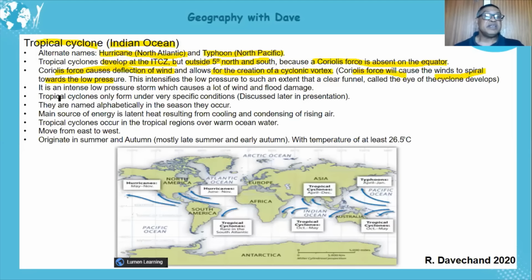Then we get an intense low pressure storm which causes a lot of wind and flood damage. That is a characteristic: lots of flood damage. You can imagine the disaster to human beings. It has to become intense, which means the pressure in the center will keep decreasing.